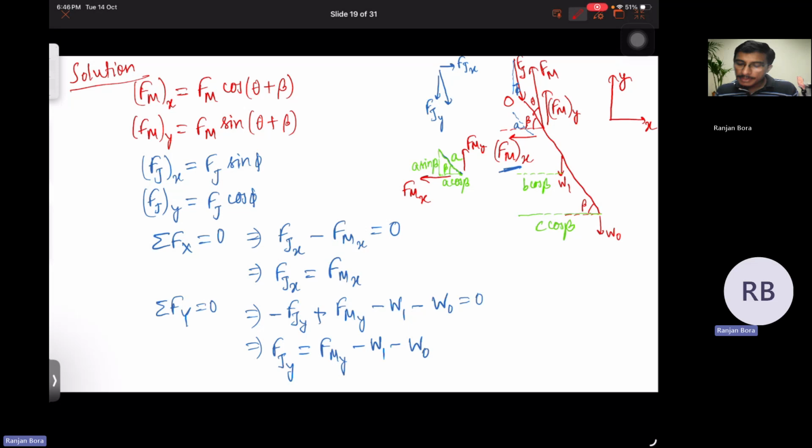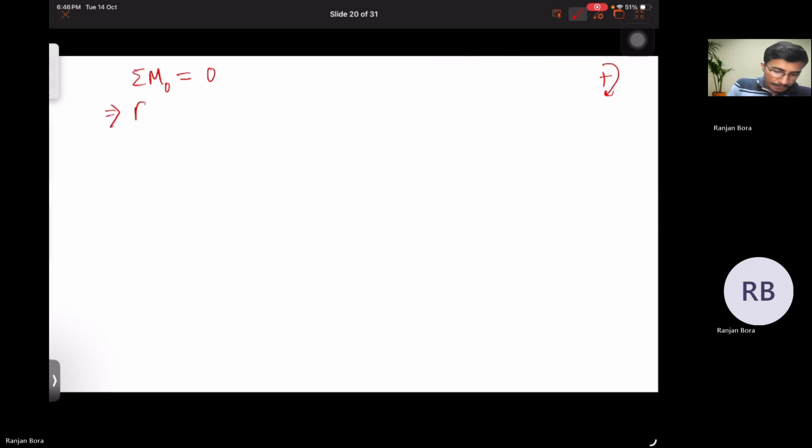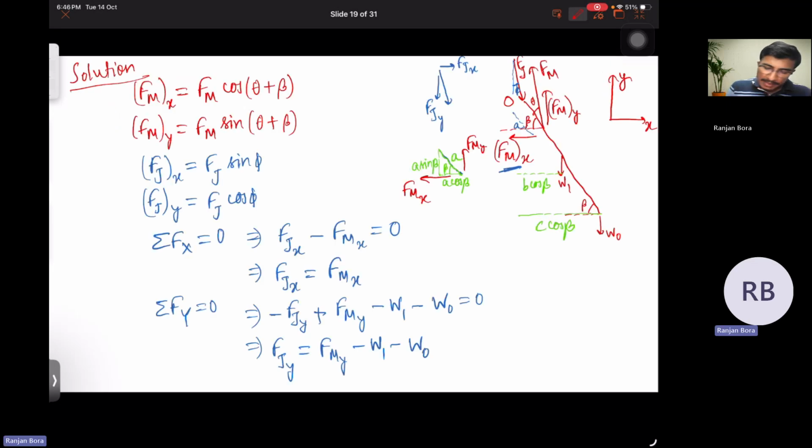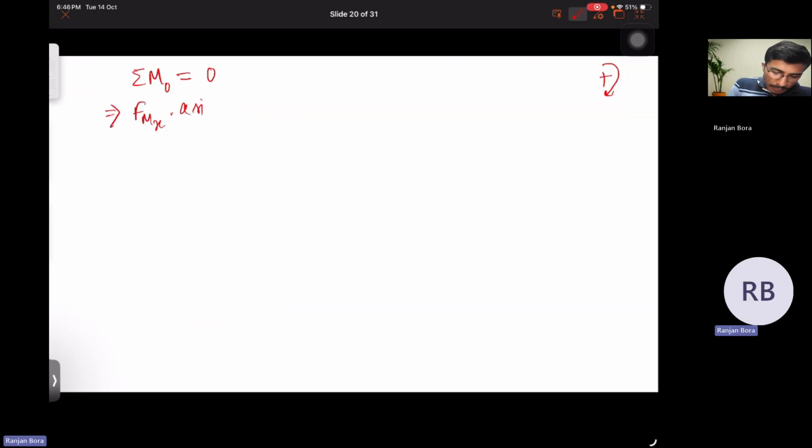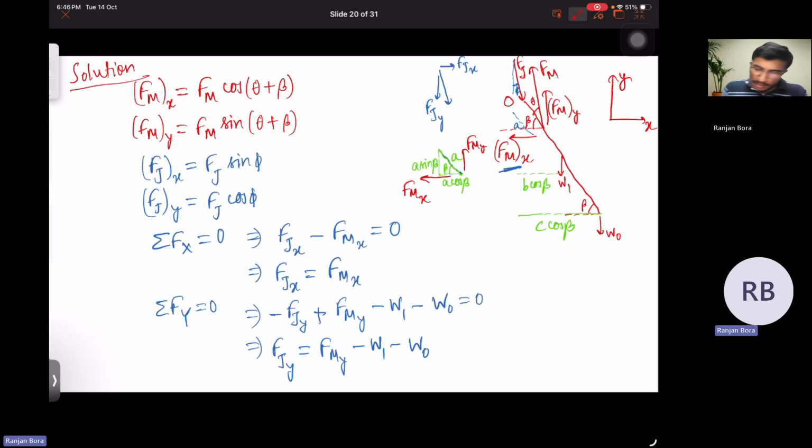About point O, Fmx is producing moment in the clockwise direction, so Fmx dot A sin beta.